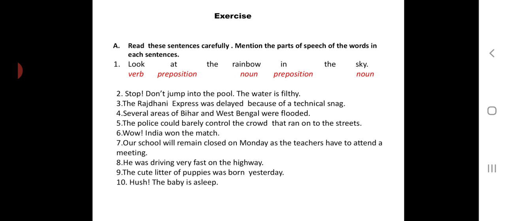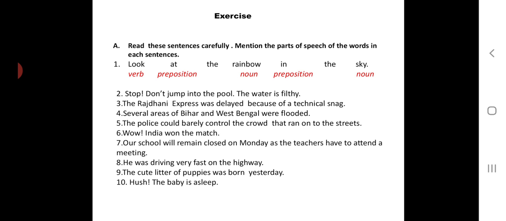This is the exercise. The first part of the exercise: you have to read these sentences carefully and mention the parts of speech of the words in each sentence. One example is given to you. Look at the rainbow in the sky. Here in this sentence, you have to identify which part of speech each word is.